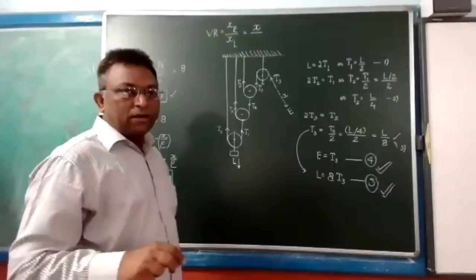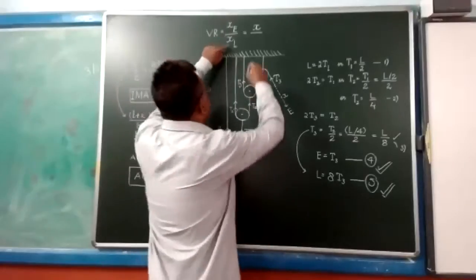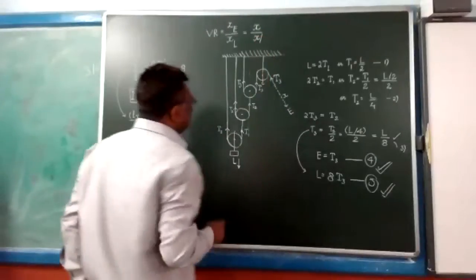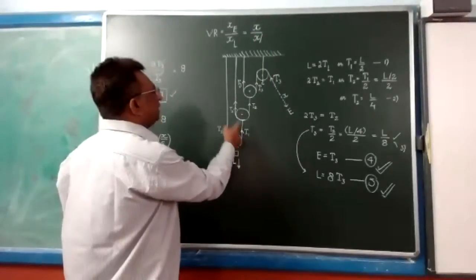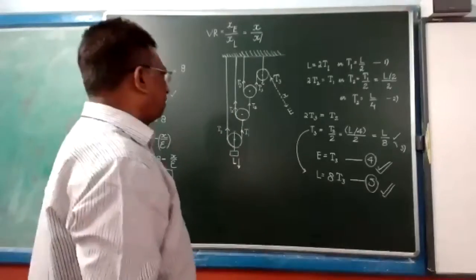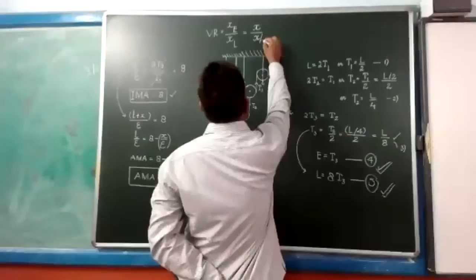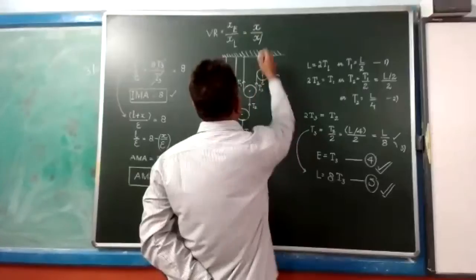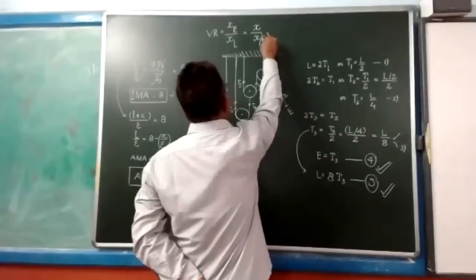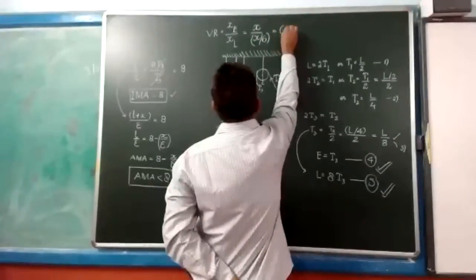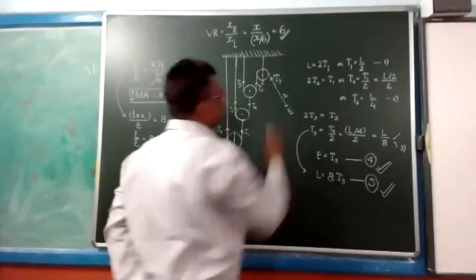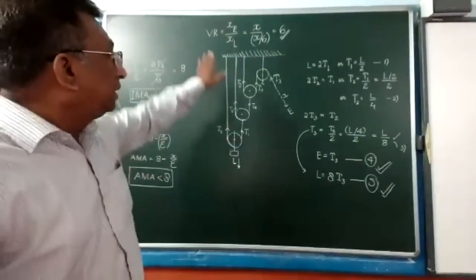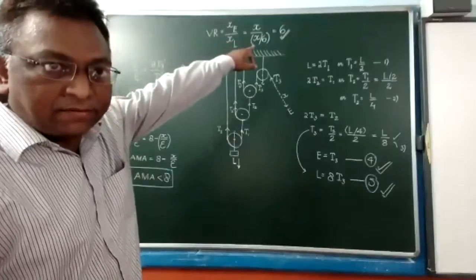Clear? So I can write here x by, how many strands are there? x by 3, x by 3, x by 3. For this system of pulleys, the velocity ratio is coming 6.